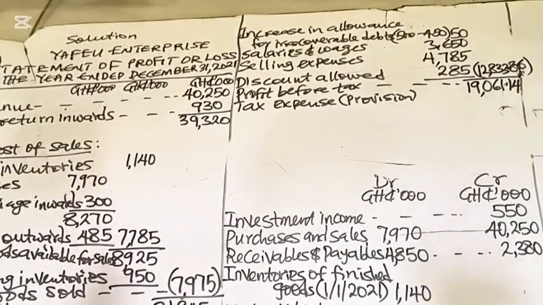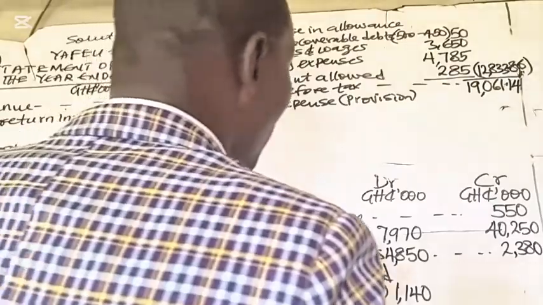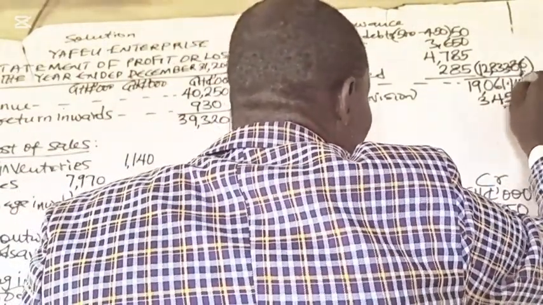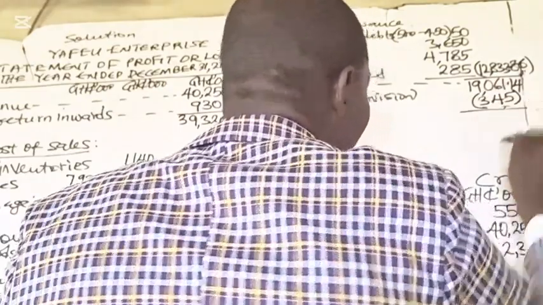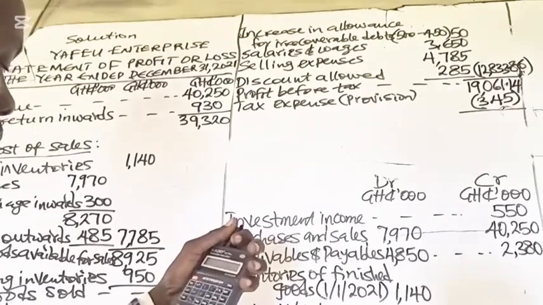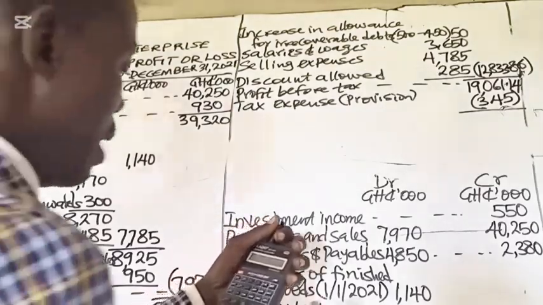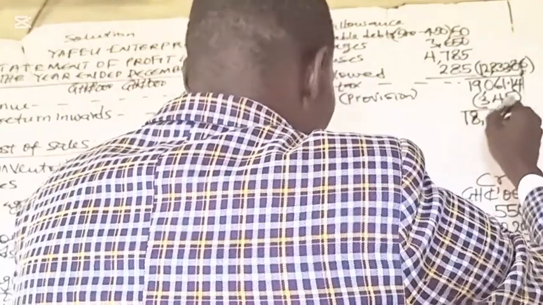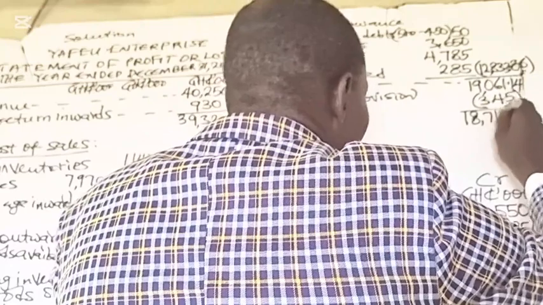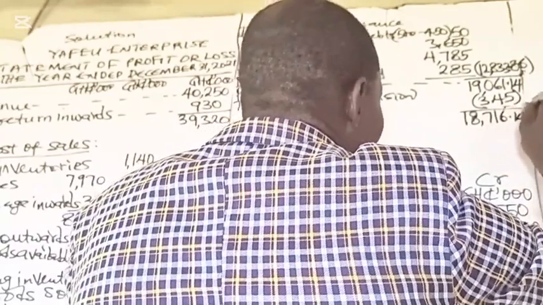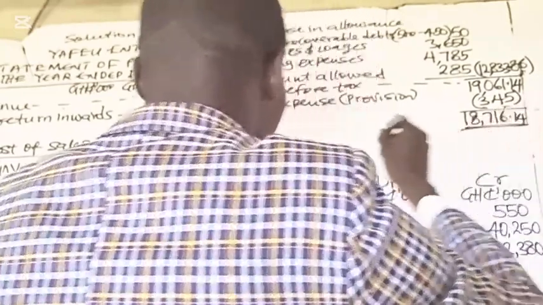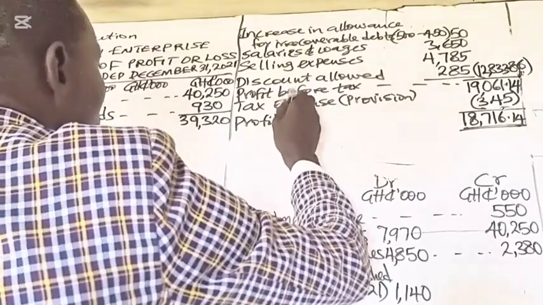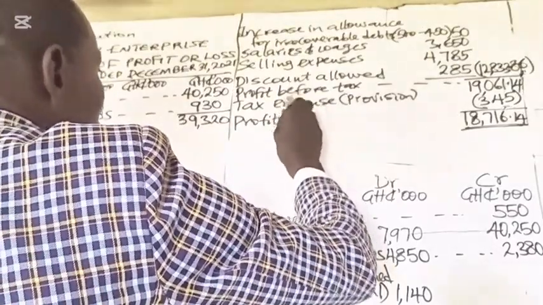So we have the tax expense of 345. If you subtract the 345, then you'll be left with 18,716.14. That is the profit for the year. So this is all about the statement of profit or loss.